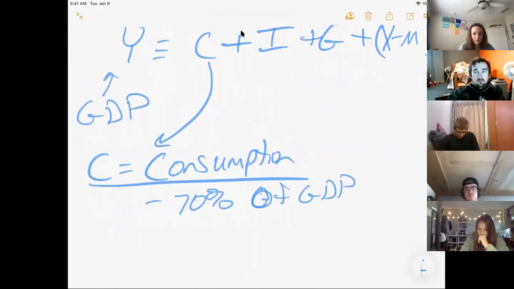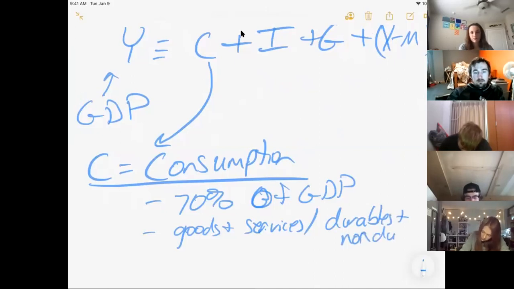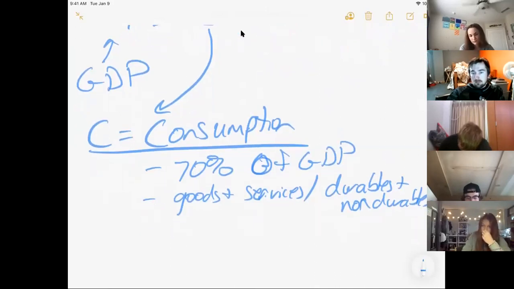You can break consumption into smaller categories. You can break it up into goods and services. You can break it into durables and non-durables. Basically, a durable is a good that has an expected life of more than a year.